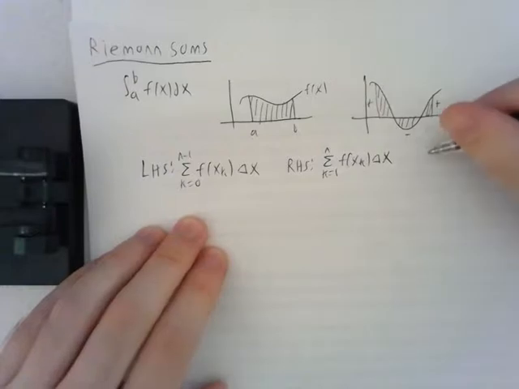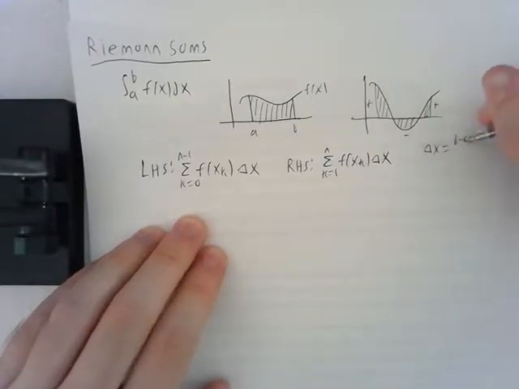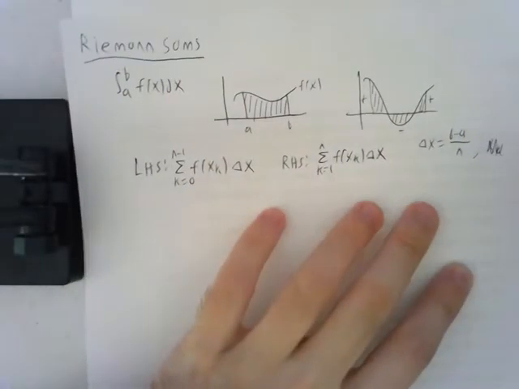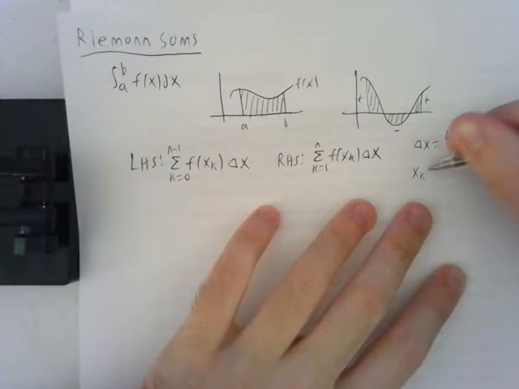And we had that delta x is equal to b minus a divided by n. xk, let me actually write that down here, it'll be easier to stay on the screen. So xk equals a plus k delta x.